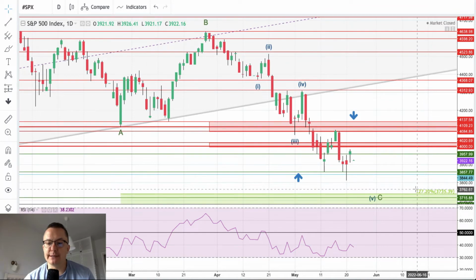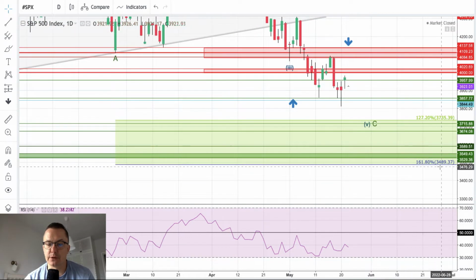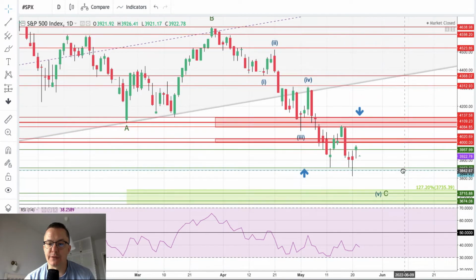The point is that if this level is not enough, then of course we might go even towards 3,489, which is the 161% Fibonacci extension of wave C.